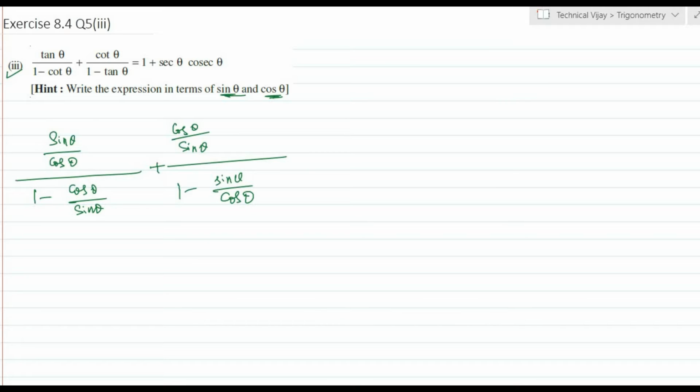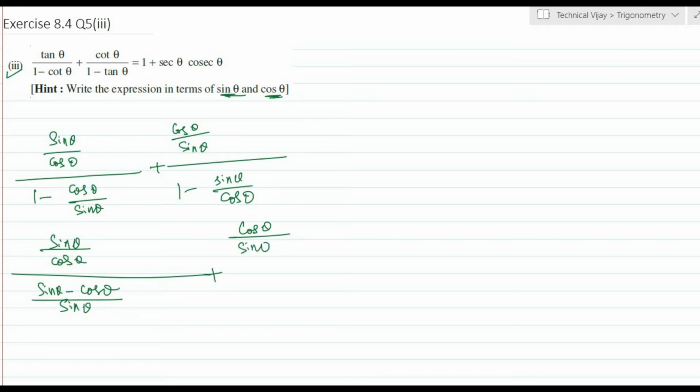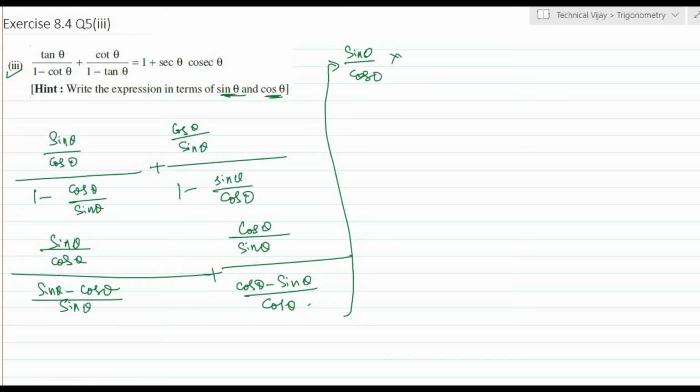Now sin theta divided by cos theta divided by the LCM, sin theta minus cos theta, plus cos theta divided by sin theta whole divided by cos theta minus sin theta divided by cos theta. So this can be written as sin theta divided by cos theta into sin theta divided by sin theta minus cos theta.